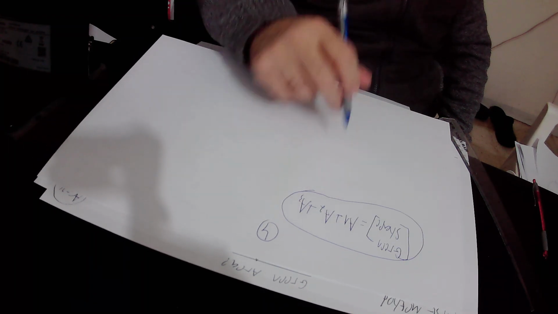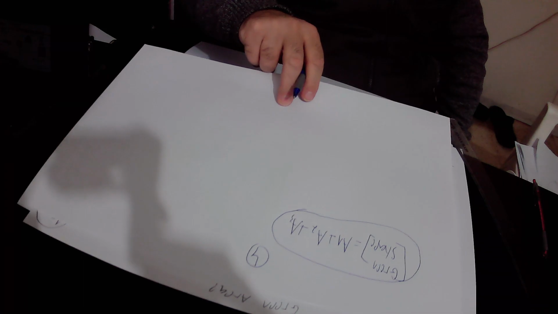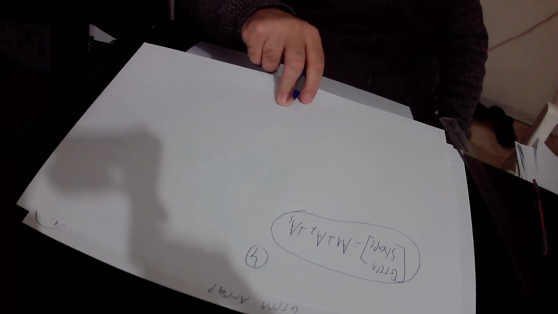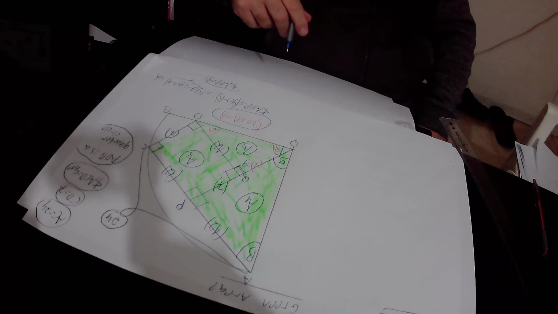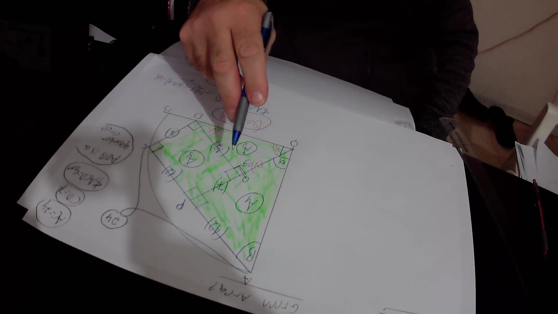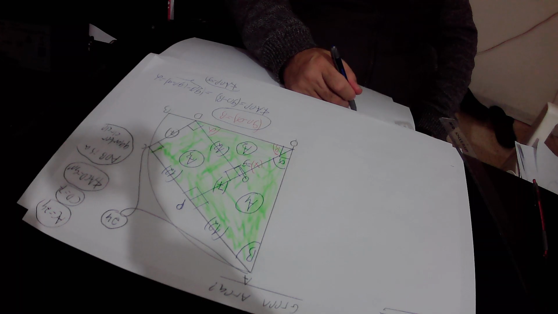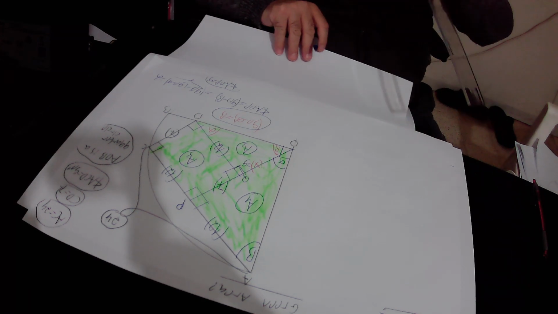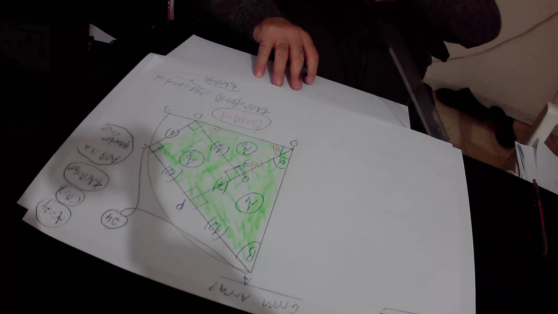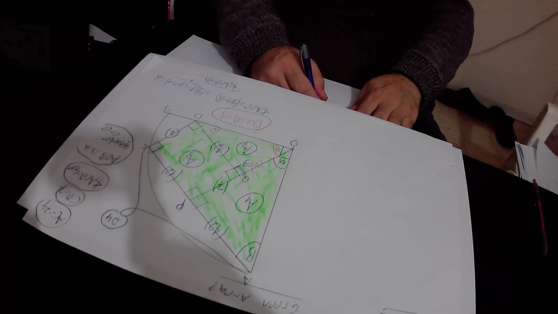Now we calculate each area separately and then we add the three areas together. A1 is the area of this green right triangle APO. So we copy the green right triangle APO in a new page and we find out the area of this green right triangle.